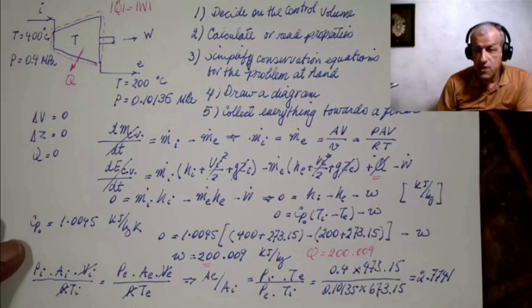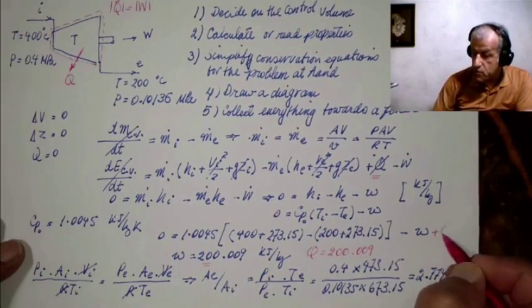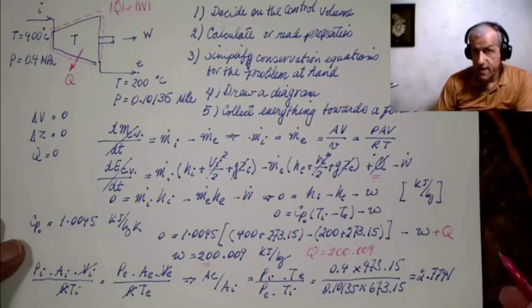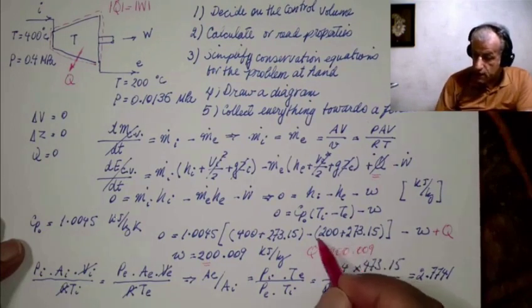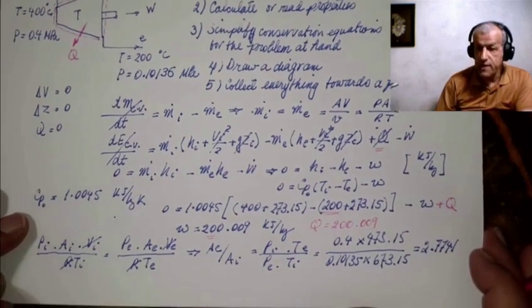That would change this equation, and here we would have W plus Q. Note that I am writing the second part of the question in red. And therefore the exit temperature would no longer be 200 degrees centigrade, and I will write it here.